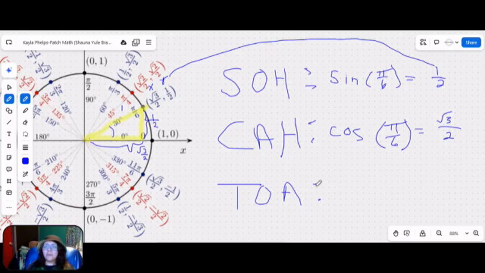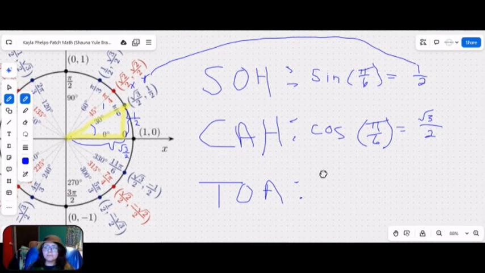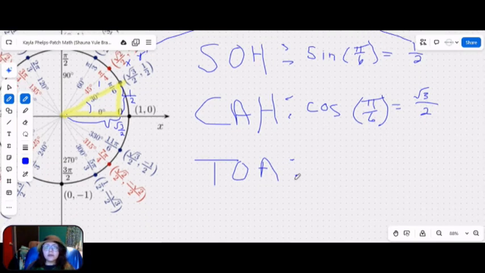Now, I'm getting ready to show you why TOA, or tangent, is opposite over adjacent. And you're about to learn that we don't visually see tangent on the unit circle like we do sine and cosine. But tangent is a ratio of sine and cosine. In this case, we're going to go ahead and use TOA, the opposite over adjacent.